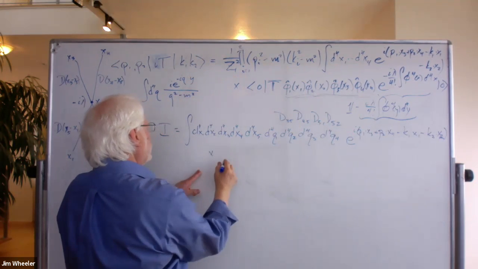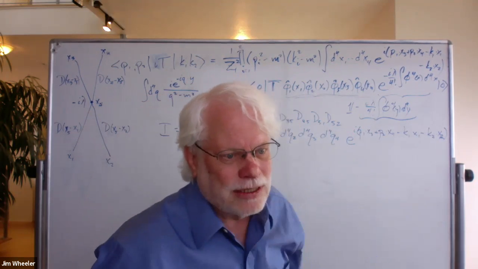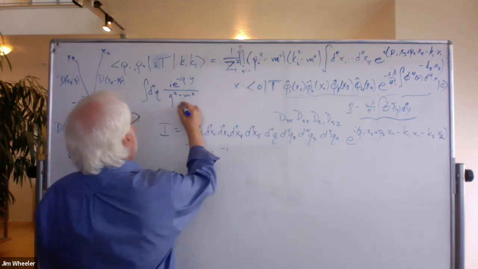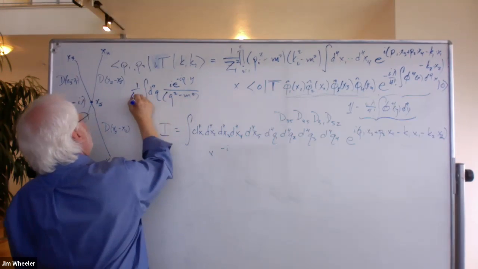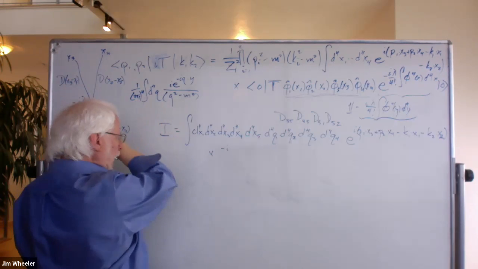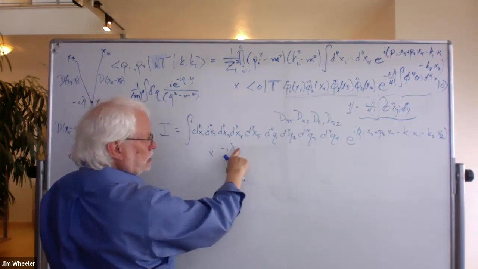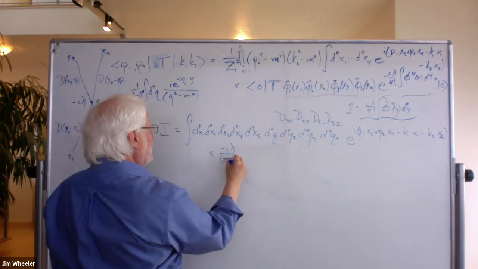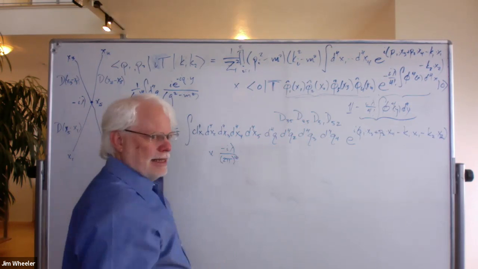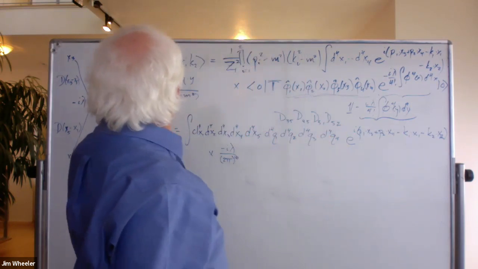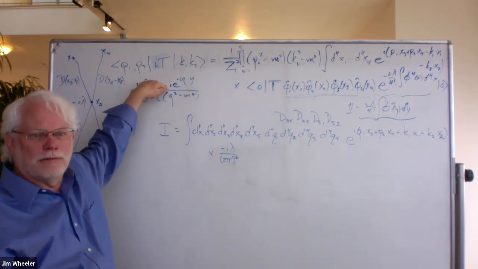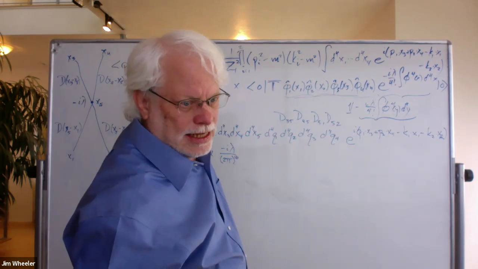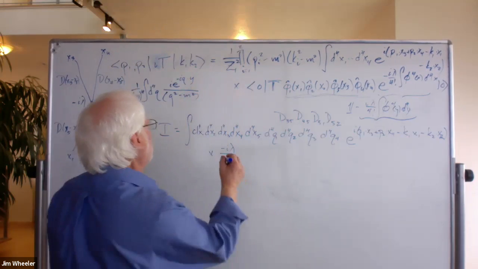Then we have the propagators. And each of the propagators comes with a 2 pi to the 4th. So we're going to have a minus I lambda because we're at first order. And because there are 4 of these, I can just write 2 pi to the 16th. And then we have 4 factors of I, that's 1. So I won't write the 4 i's, although I've written them in the notes. And then a bunch of exponentials.